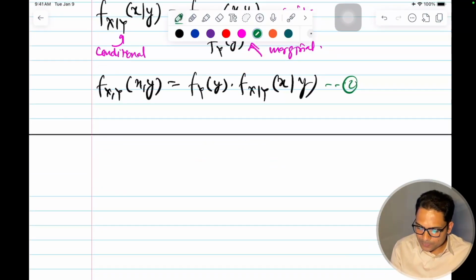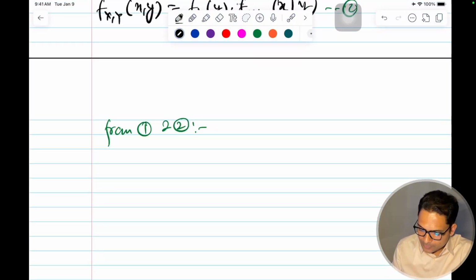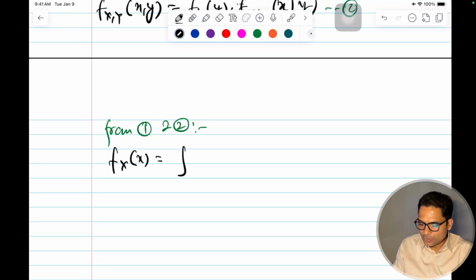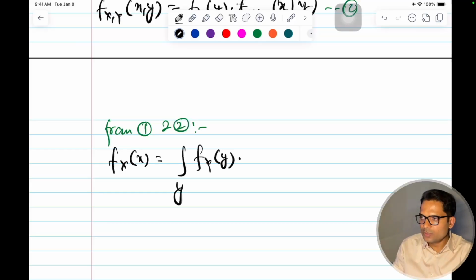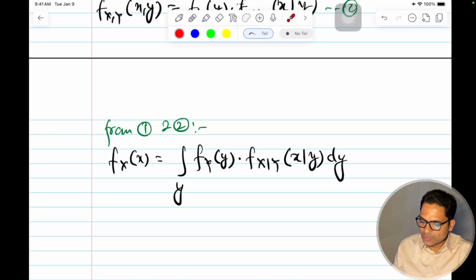From 1 and 2, we have fX(x) is equal to the integral over y of fY(y) into f of x given y, dy. Now it is in fY(y) terms.